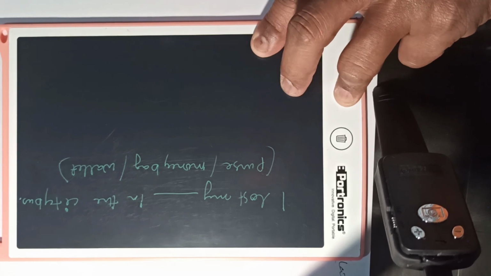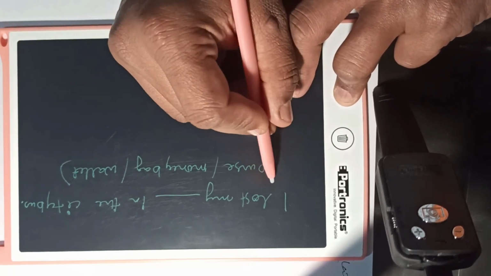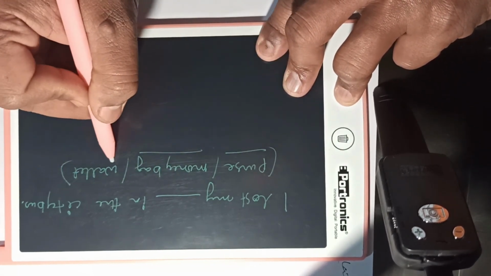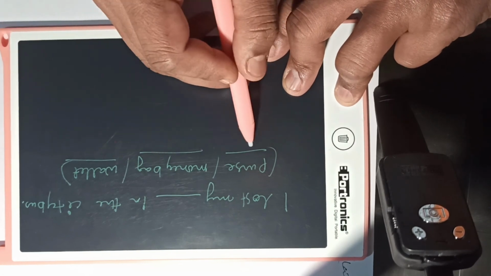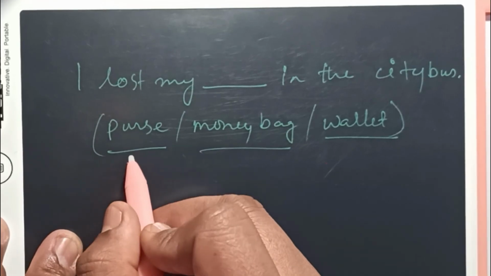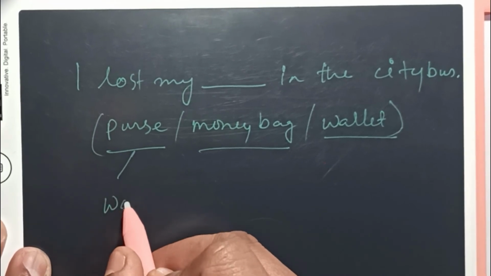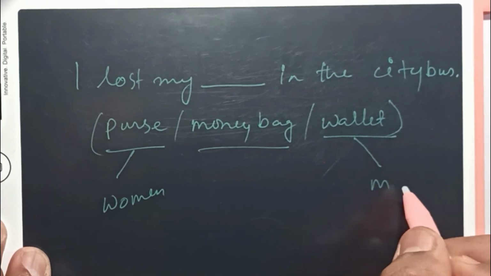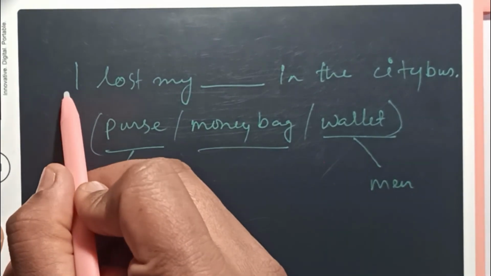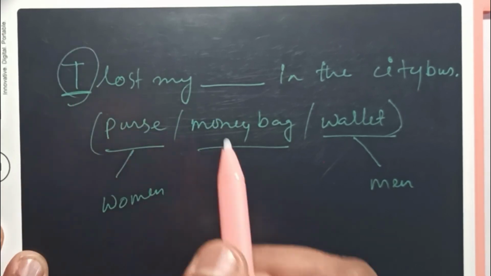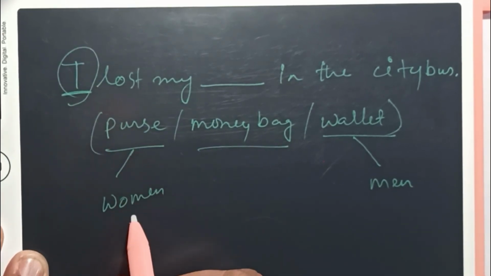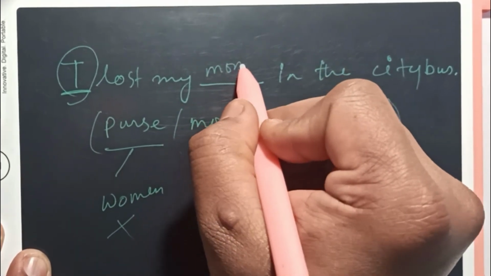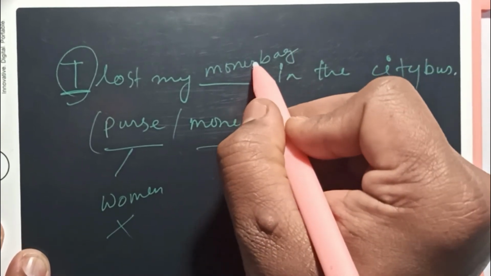Here is another similar kind of sentence. You see, I lost my dash in the city bus: purse, money bag, and wallet. All three things are synonymous, but purse is exceptionally for women and wallet exceptionally for men. Now no gender indication is given here, so that's why we will not go with these, we'll go with the general way, which is money bag.